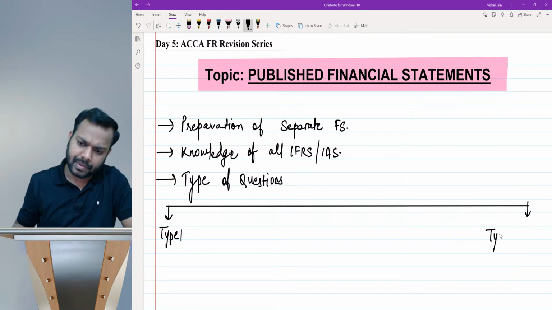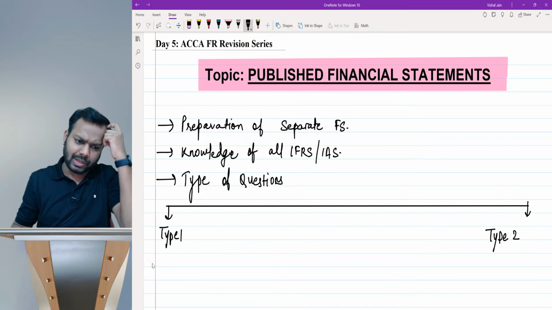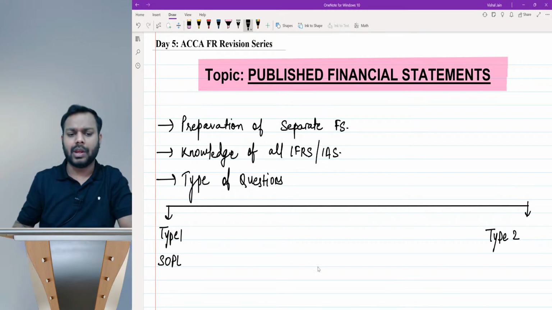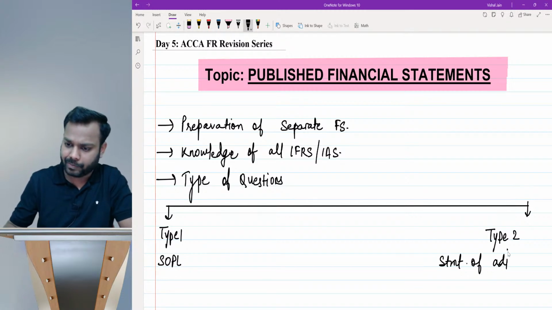Type 1 will ask you to prepare the SOPL, statement of profit or loss, and type 2 will ask you to prepare a statement of adjusted profits. What is the difference between these two?